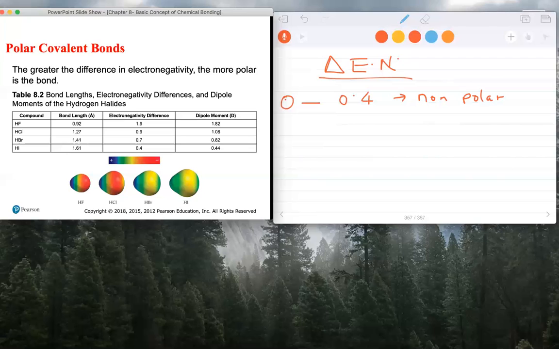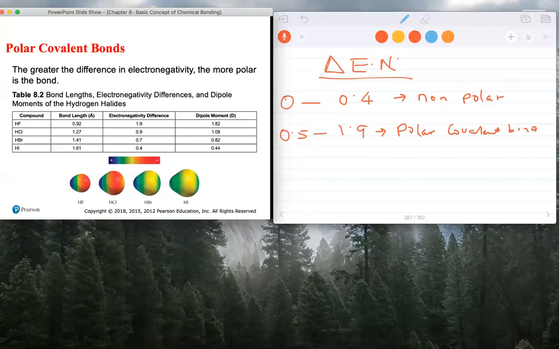If the change in electronegativity is 0.5 to 1.9, the bond is a polar covalent bond.